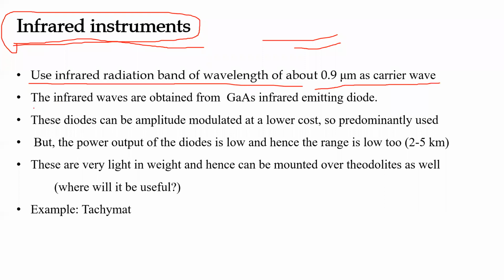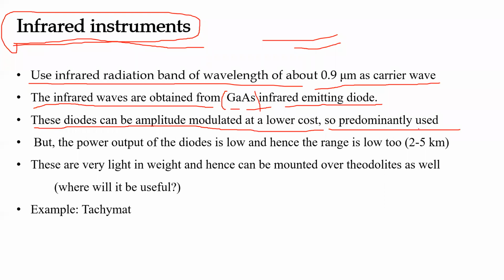These infrared waves are obtained from gallium arsenic infrared emitting diodes. Some diodes are made of gallium and arsenic, and this particular combination emits infrared waves. These diodes can be amplitude modulated at a lower cost, so they are predominantly used.